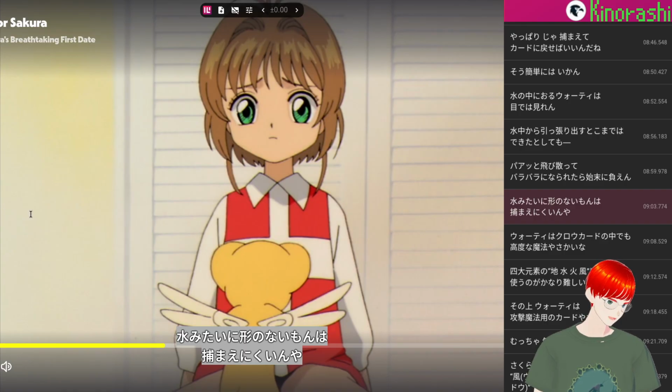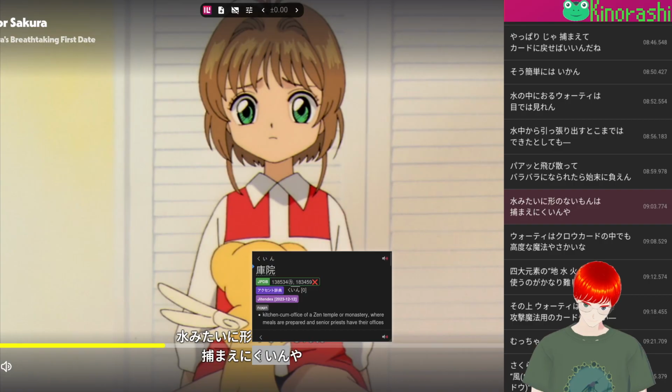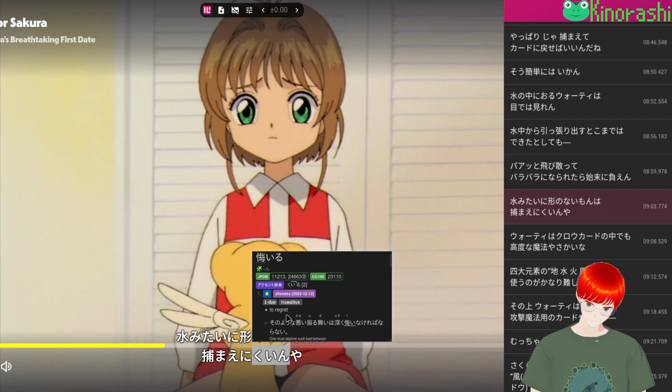Tsukamae nikui. Hard to catch, whereas tsukamaeru means to catch, and nikui is an adjective suffix meaning difficult to. And if it was that other meaning for kui, then it would be to not regret catching. That doesn't make any sense.